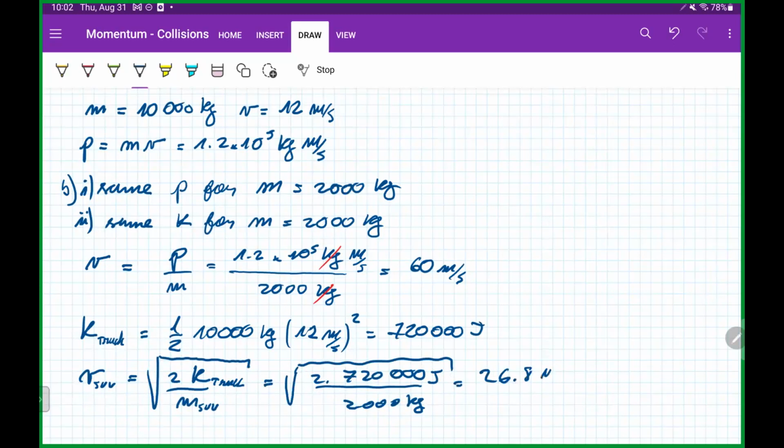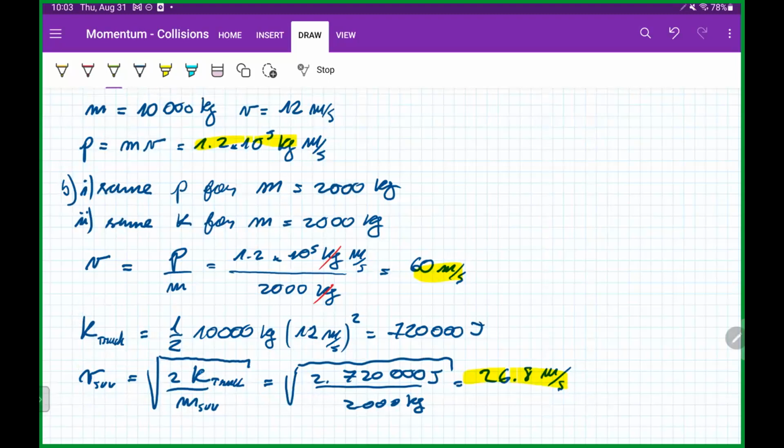26.8 meters per second. That's one. That's the other. And this is the first. All right, so we've calculated the kinetic energy of the truck, and then it's asking about the speed for the SUV in order to have the same kinetic energy.